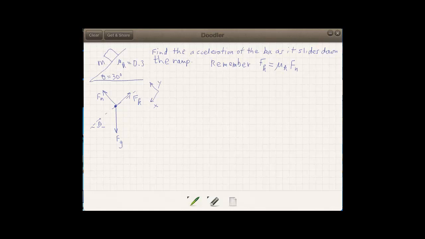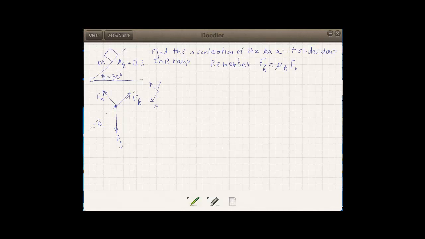Okay, so first, break the forces down into their components. The force of friction and the normal force are already pointing along the axes, so those are easy. But the force of gravity, part of it is along the x direction and part of it is along the y direction.